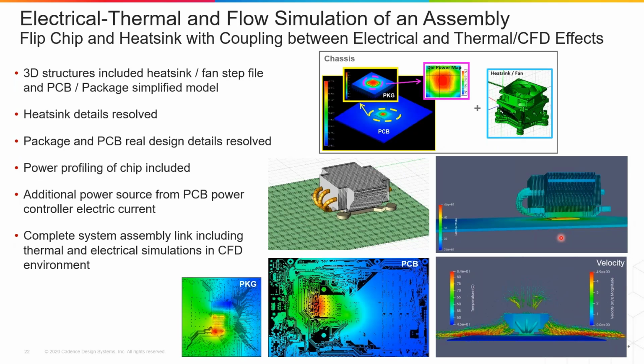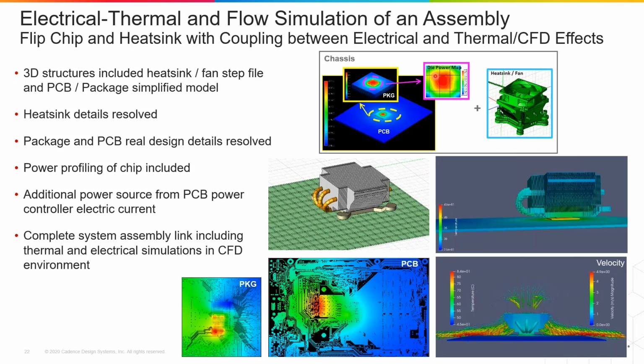The last example would be this another complex assembly, including fan, heat pipe, heat sink, and board and package and chips. And in this one, the heat source, how the heat coming into the system, is coming from the chips, and we could analyze the power map inside the chips through an IC design tool.